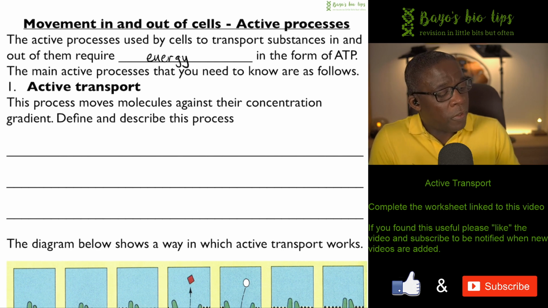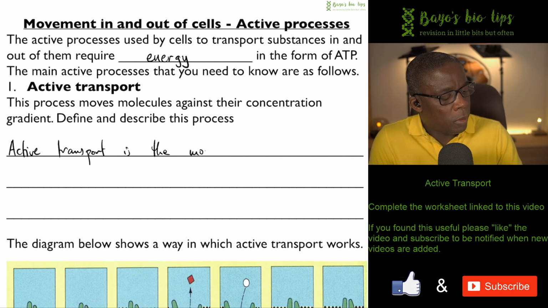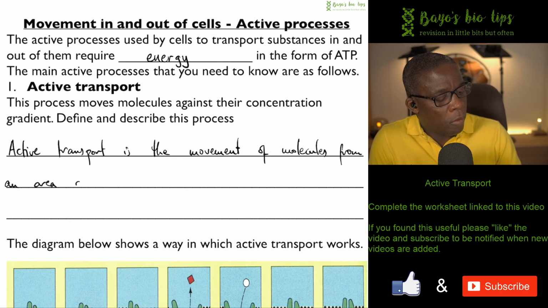So let's see if we can define active transport. Active transport is the movement of molecules from an area of lower concentration to an area of higher concentration.